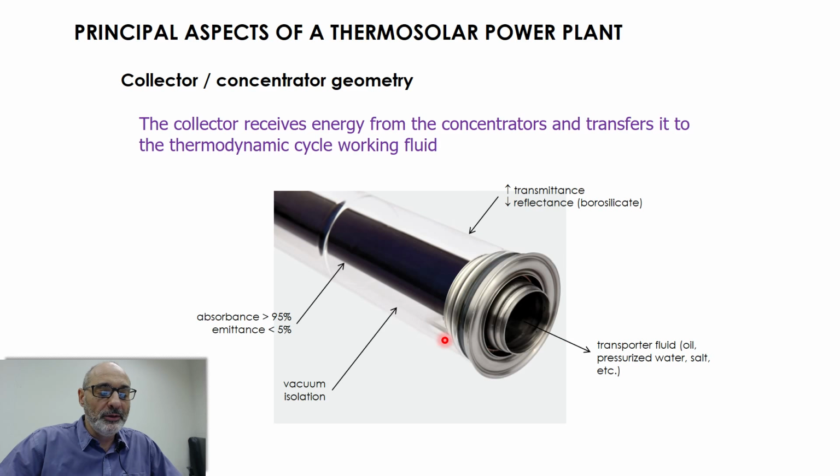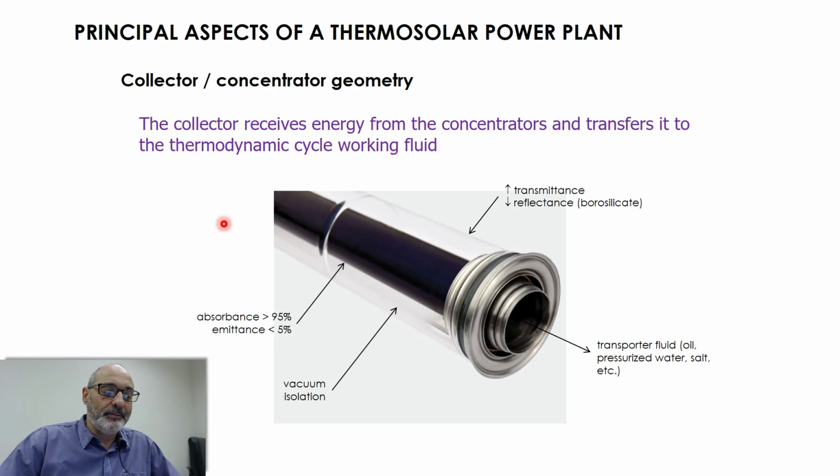The outer surface of this tube is black in order to have maximum absorbance, and outside you have a glass tube, and the space between the inner tube and the glass tube has vacuum in order to avoid heat losses due to convection.